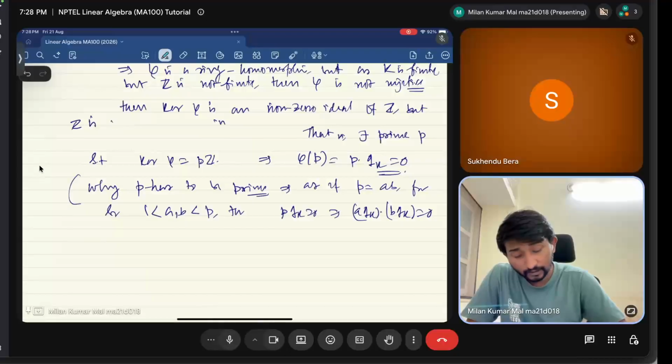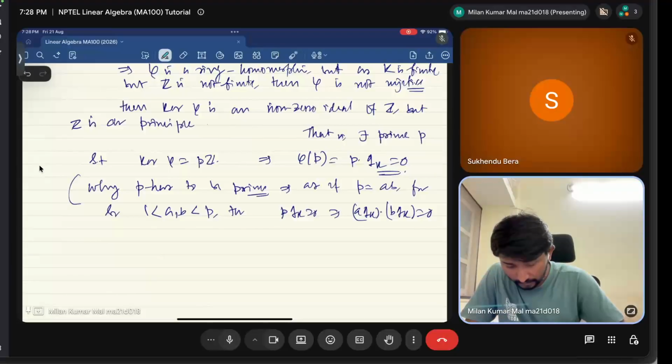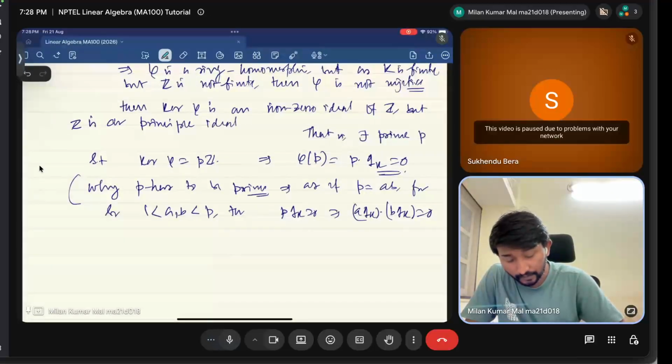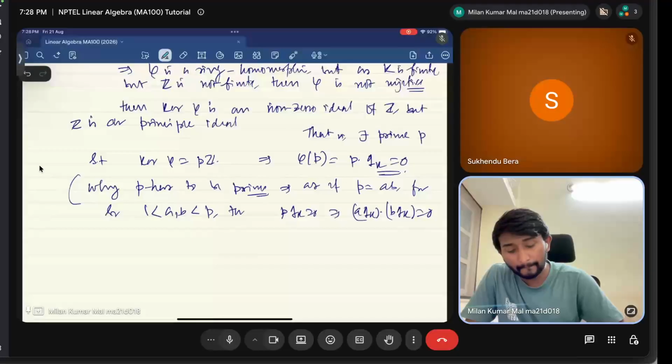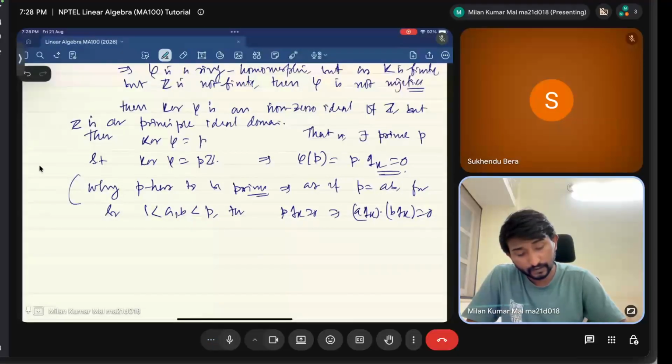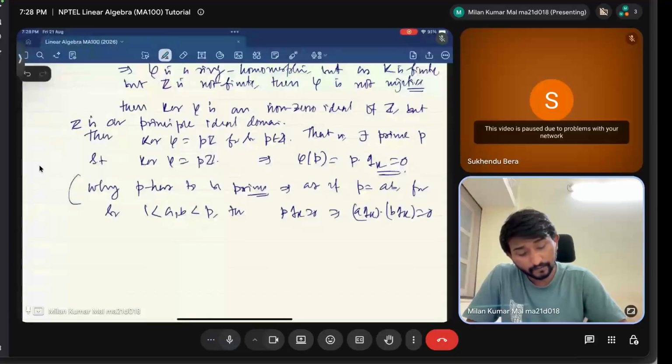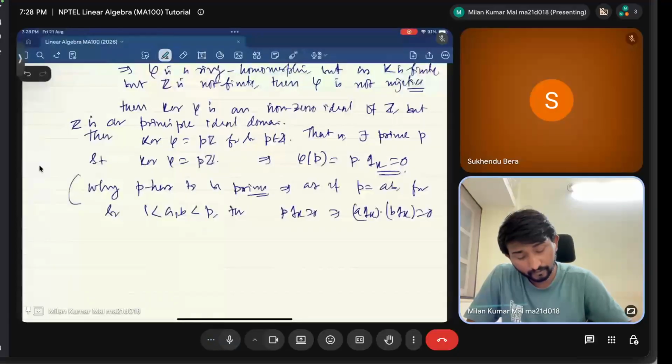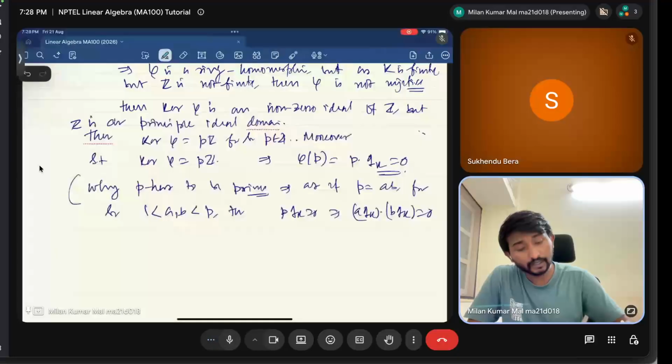Everything is clear, so every ideal must be generated by some element. Z is a principal ideal domain. Then the kernel of phi is equal to pZ for some p belonging to Z. Moreover, p is a prime. Why is p prime? That's what I am explaining here.